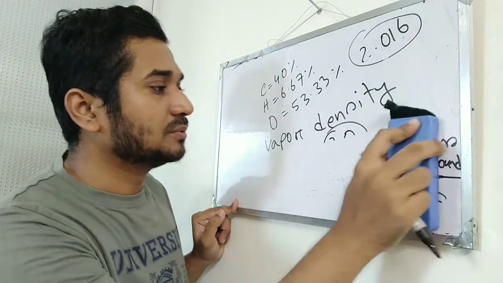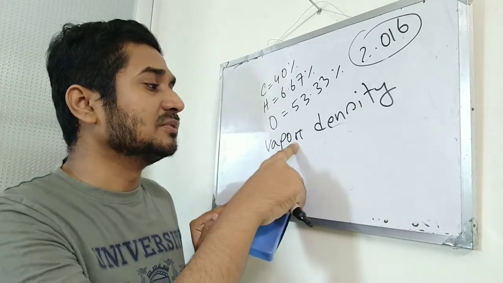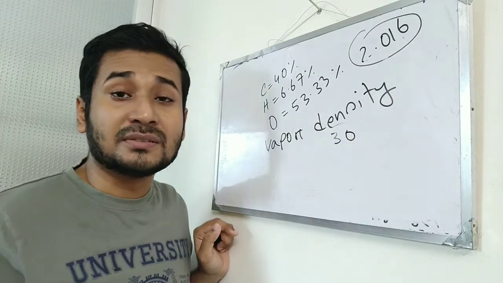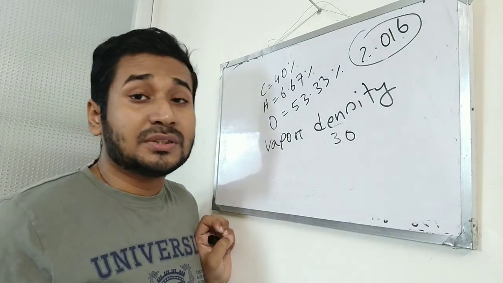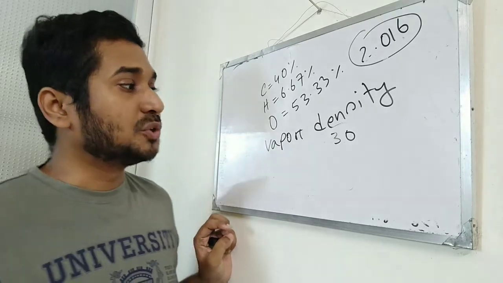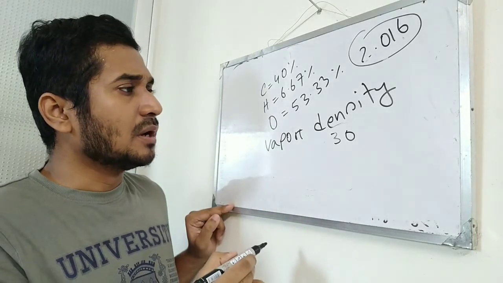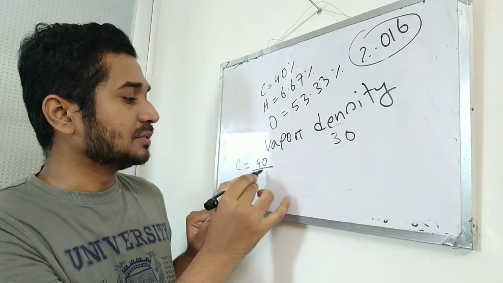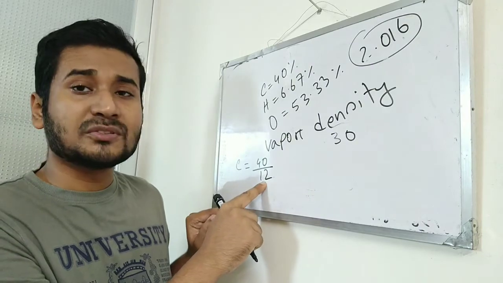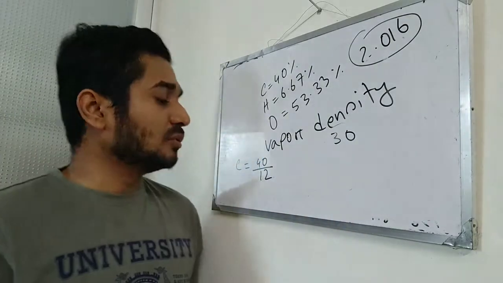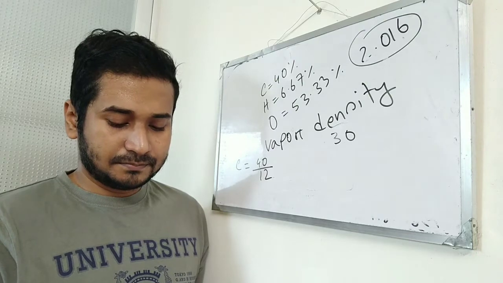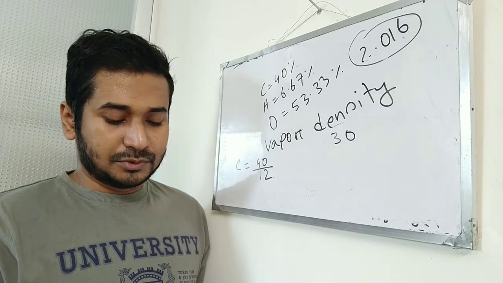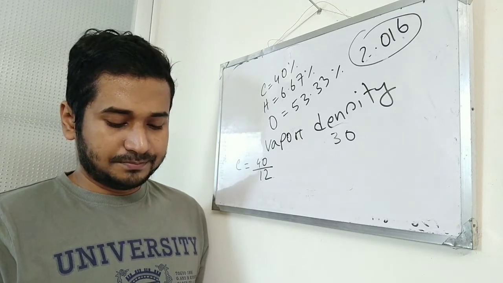So what can you do? Suppose you have been given the vapor density of the compound is 30. That means you are not given the molecular mass. So what to do? You can do the same thing again. Carbon 40 divided by the atomic mass of carbon, 12.